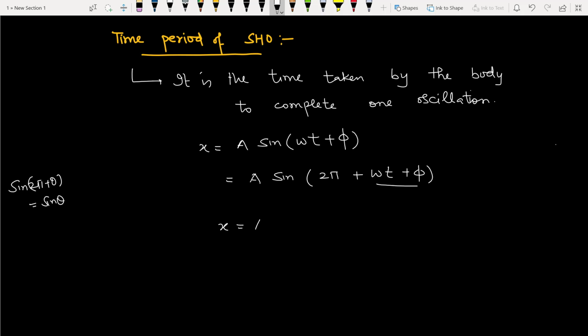So x is equal to a sin, omega common, (2 pi by omega plus t) plus phi.